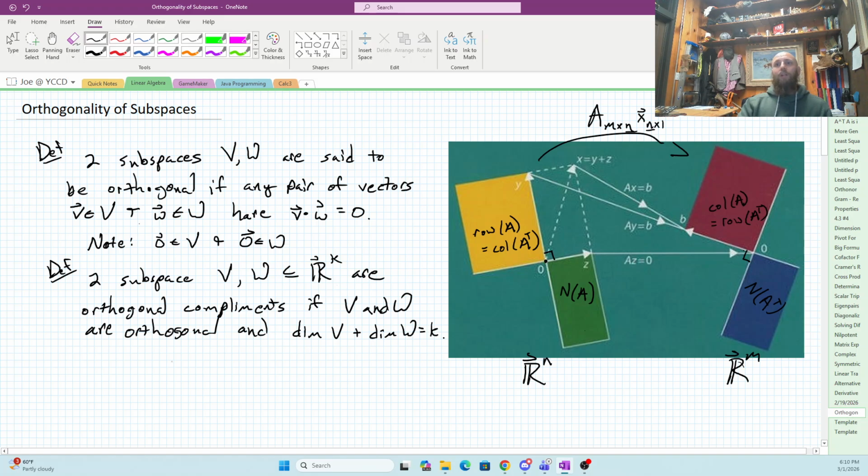You guys are familiar with some kind of orthogonal complements. So in R3, we might have a plane. That's a two-dimensional subspace. We're going to stick the zero vector in there someplace. And then we might have the normal line to that plane.